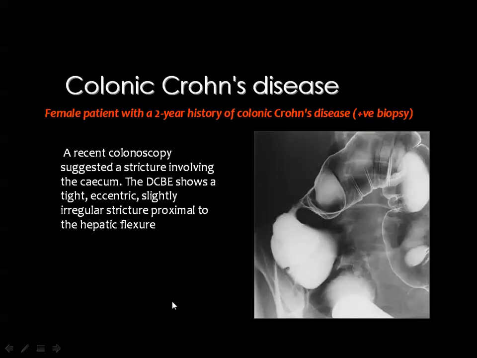Strictures may also be seen in Crohn's disease of the small and large bowel. This is a female patient with a positive history of Crohn's disease, and the colonoscopy suggested the presence of a stricture, which was confirmed by barium enema, as you can see here.